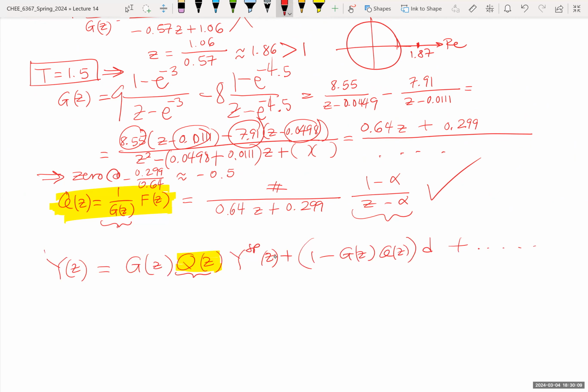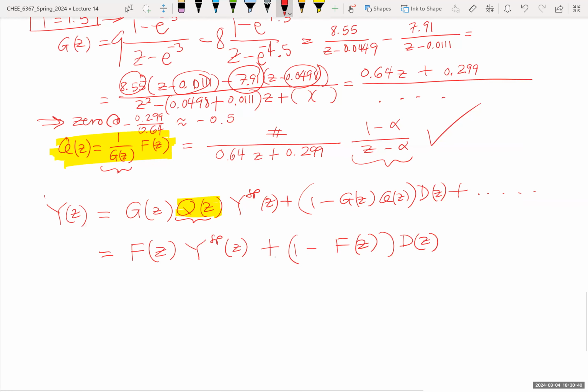And this will give me something equal to f of z, y set point of z, plus 1 minus f of z times the disturbance of z. Plenty of math. I try to go through the math with you so we can get to the final thing. The final thing is this. This is the final response that I'll have in my system.